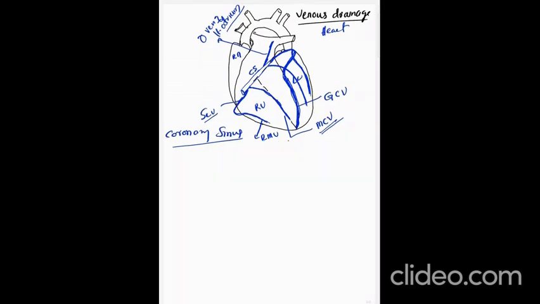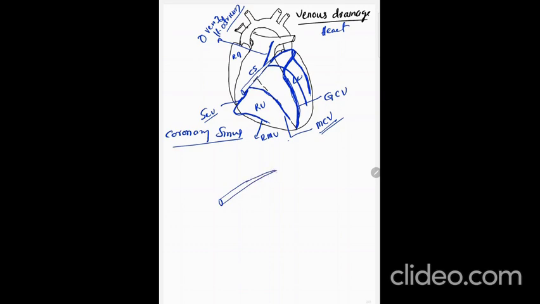Now let us draw the venous drainage of the heart alone, without the background of the heart. Very easy. Here we have the coronary sulcus.